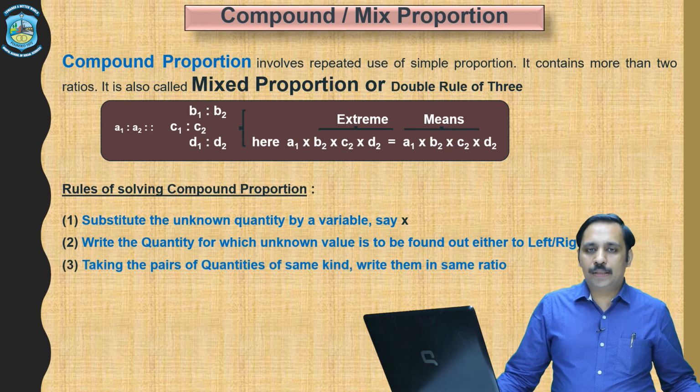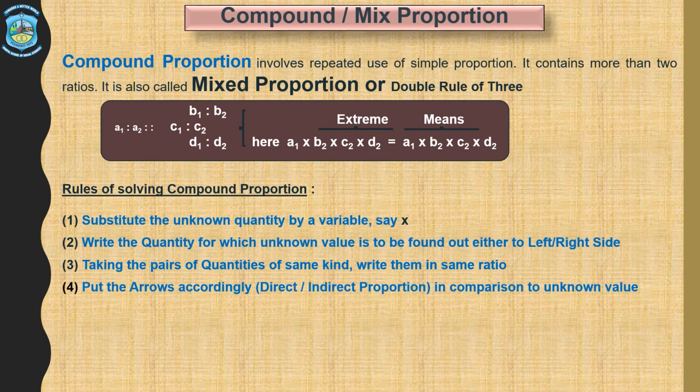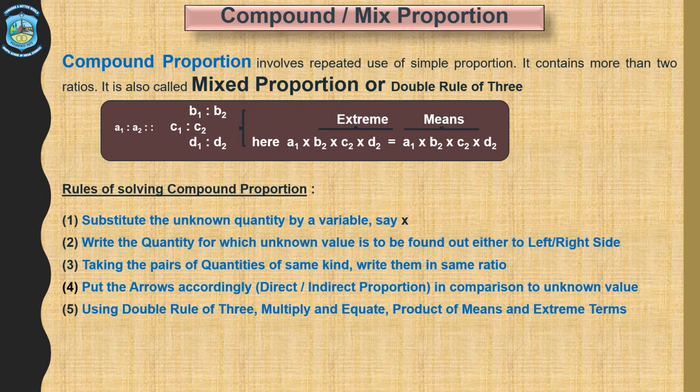Taking the pairs of quantities of same kind, write them in same order. That means we have to put arrows. Put the arrows accordingly. That means whether it's a direct condition or an indirect proportion in comparison to the unknown variable. Next, using the double rule of 3, we have to multiply and equate the product of means and the product of extreme terms. And in this way, we can find the value of unknown variable.